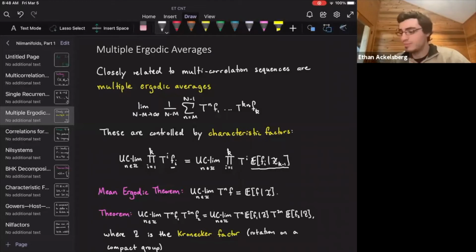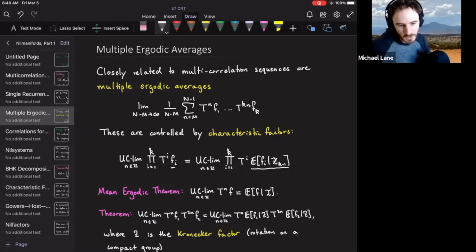And hopefully we can get some structure on that subspace that makes these averages easier to understand. So it should be T to the n on both instances on that line, right? Yes, it should.